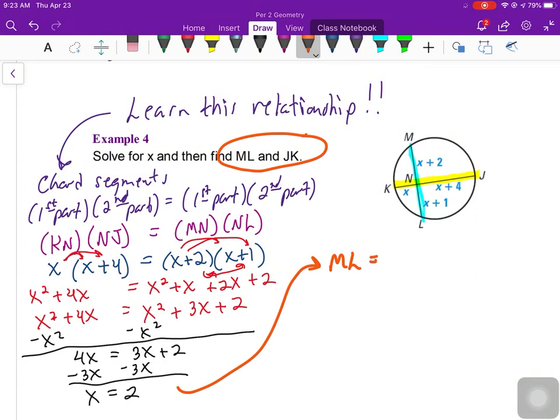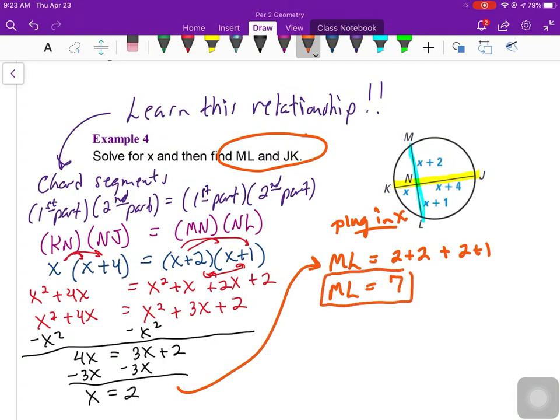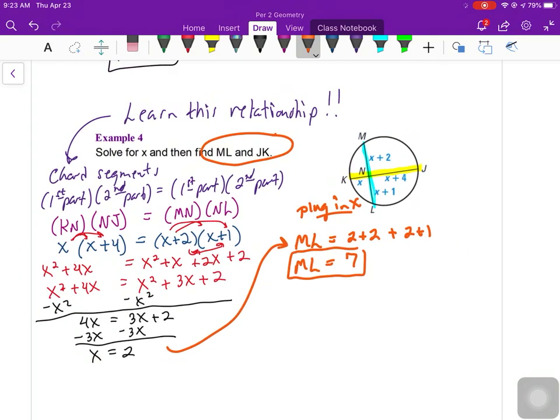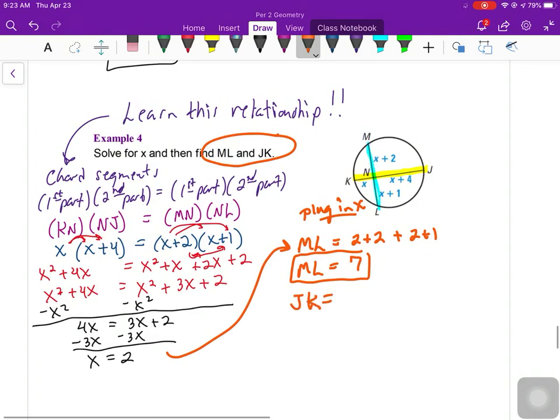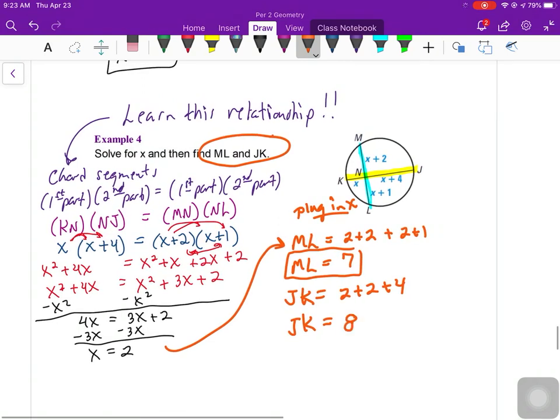To find ML, we need to take 2 plus 2 and add it to 2 plus 1. We just plug in x. So for ML, we end up with 7. And then we're supposed to find JK. To find JK, we need 2 plus 2 plus 4. So JK would be 8.